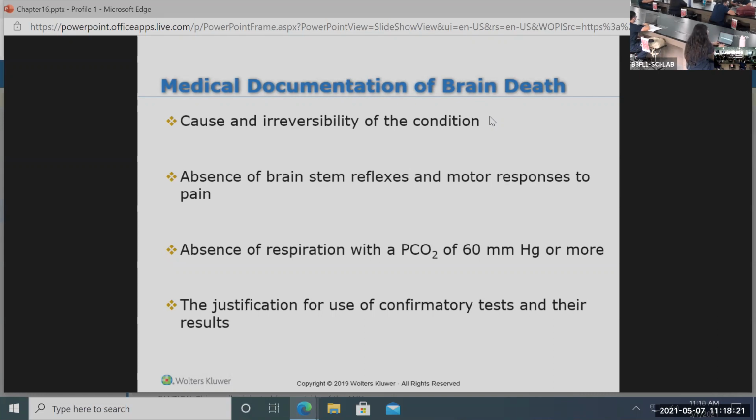Stay alert. Hypercapnia: increased partial pressure of carbon dioxide in the blood above normal. That's why it says absence of respiration with PCO2 of 60 millimeters of mercury or more, which is above normal. When it goes above normal, we call it hypercapnia. Now, justification for use of confirmatory tests and their result: why I'm saying the patient is brain dead.